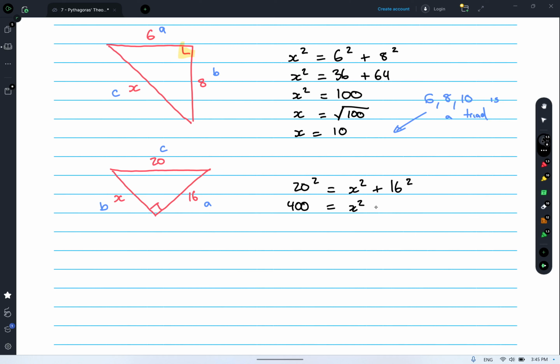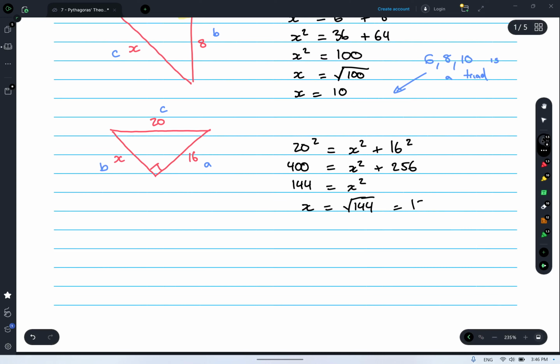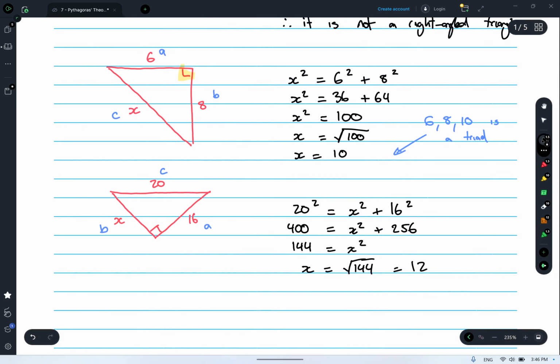We can say x squared, and then we have 16 squared, which equals 256. And then to solve this equation now, of course, I'm going to subtract that 256 to the other side. So I have 144 equals x squared. And then lastly, the final step with these Pythagoras theorem questions is we're going to say that x equals the square root of 144, which obviously equals 12. So that means this side length here is 12.